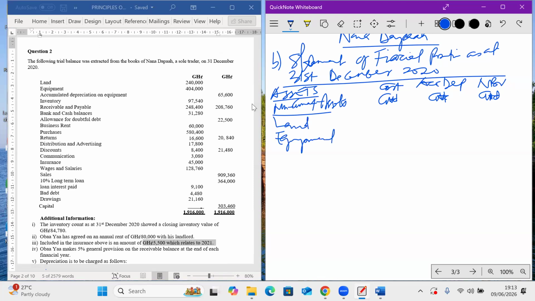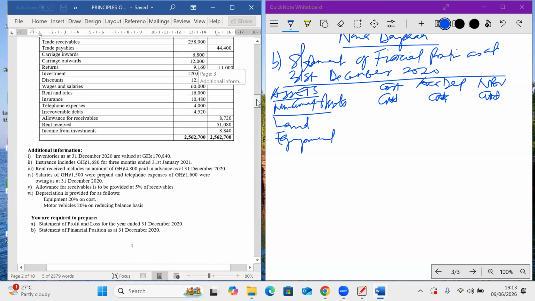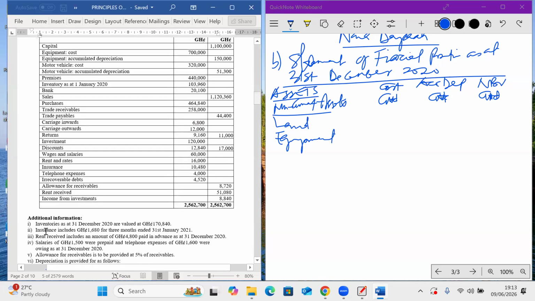They are non-current assets. In this question, they use premises. Premises is building. So they have equipment and motor vehicle. They are all non-current assets, right?